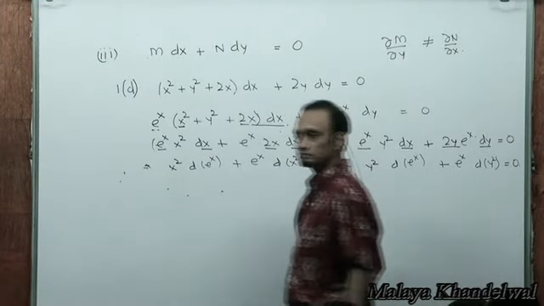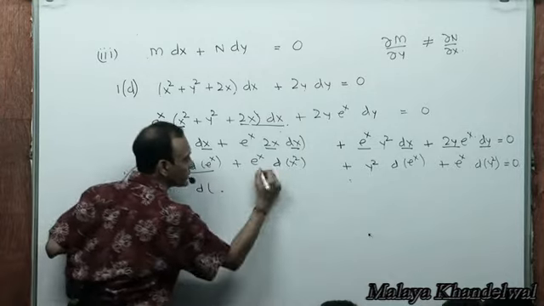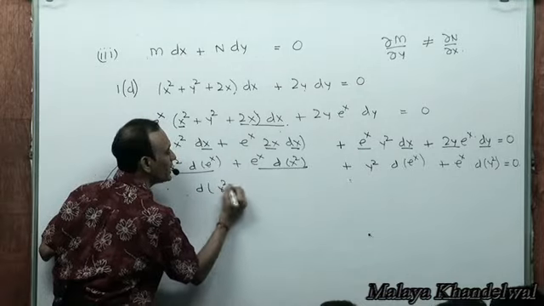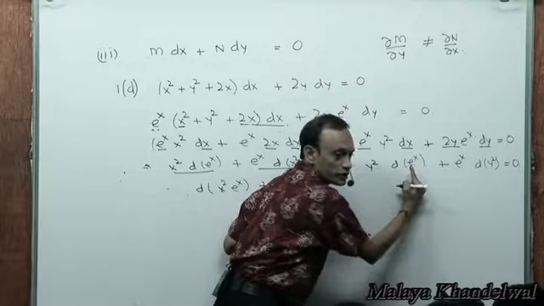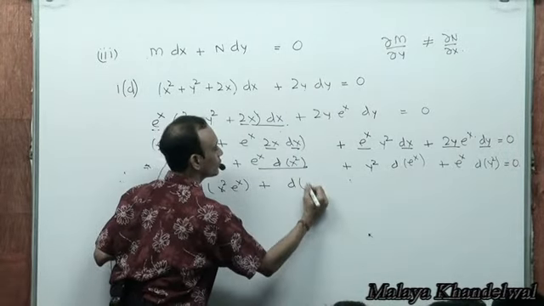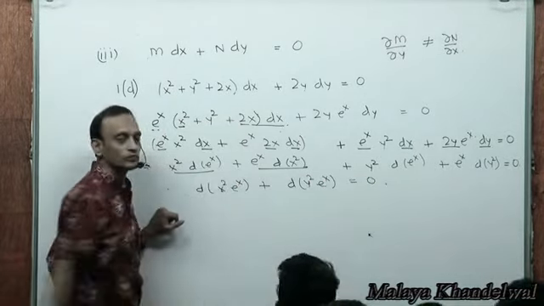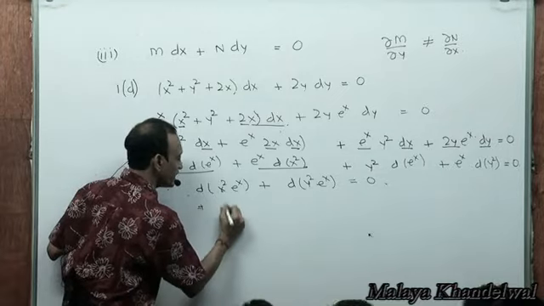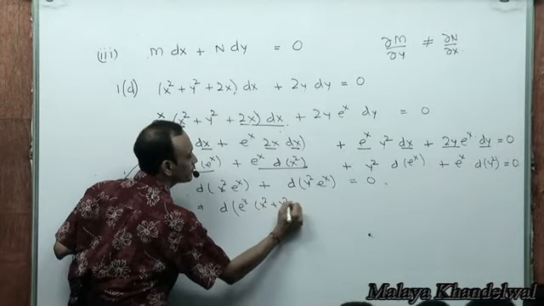equal to 0. So these two together is what? D of x squared e power x. These two together is what? D of y squared e power x equal to 0, which is like d of e power x into (x squared plus y squared), isn't it?